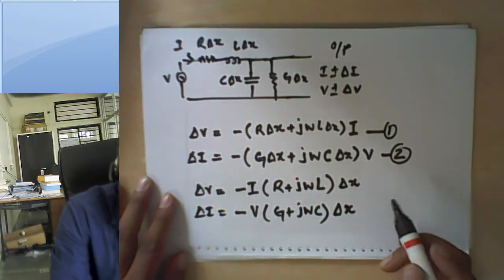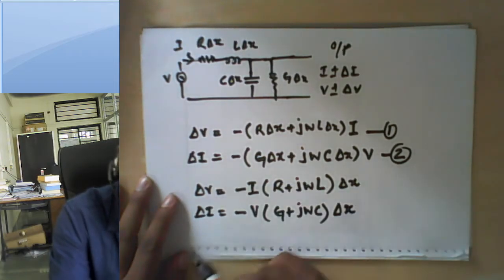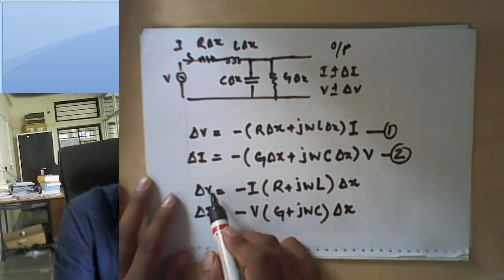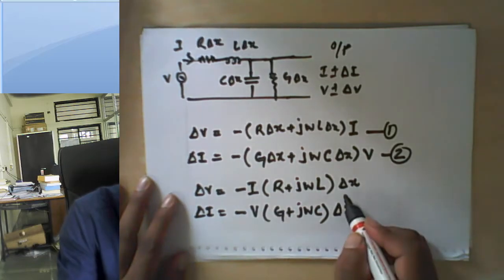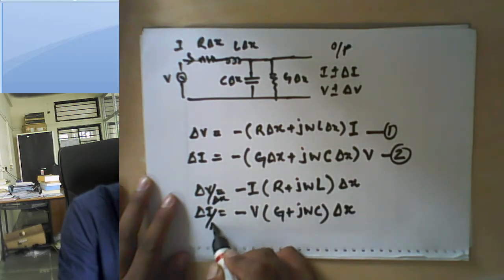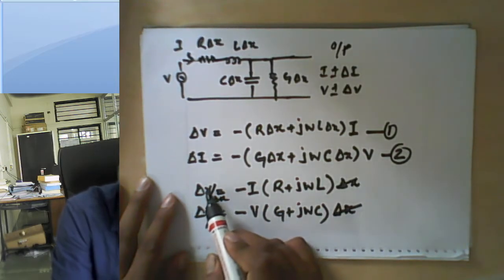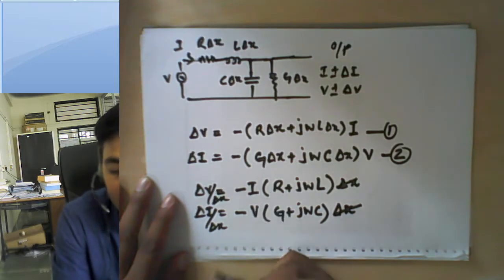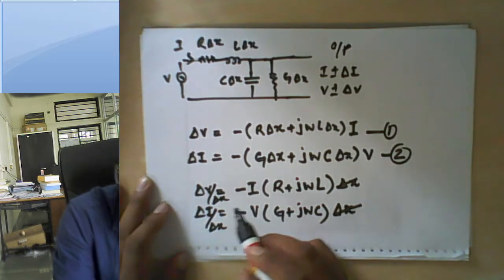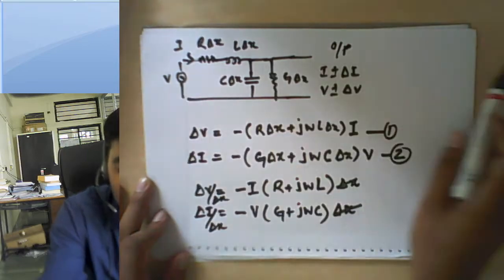Okay. Now what we'll do is simplify once again. So we'll take this delta X here and remove it, so this will be delta V by delta X. Now we have taken a very small section of a line, but this equation will be valid for the complete transmission line.